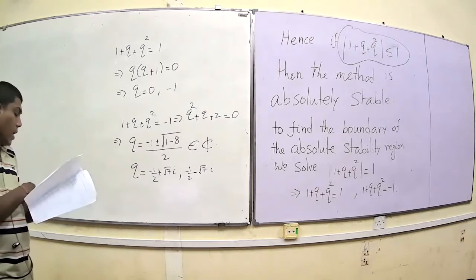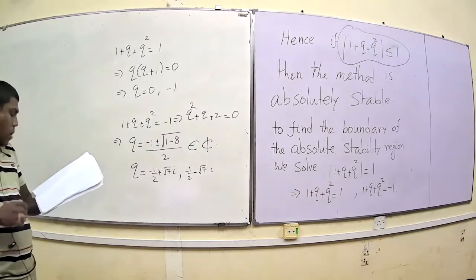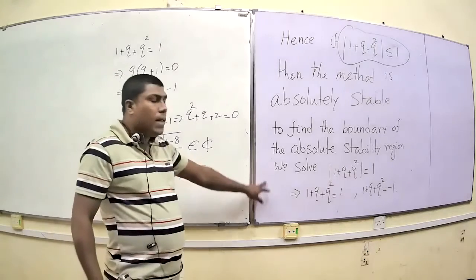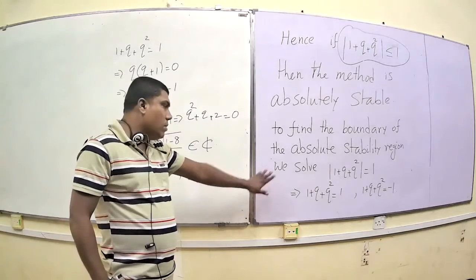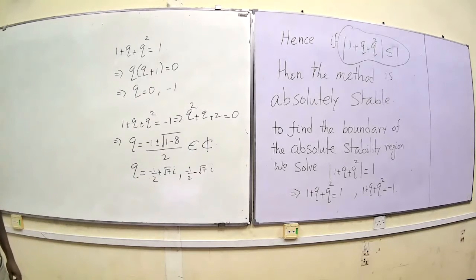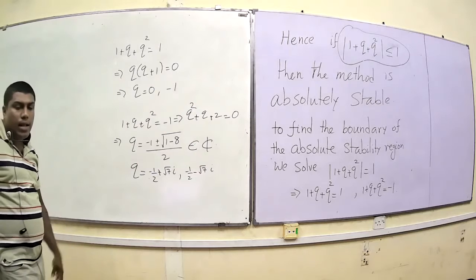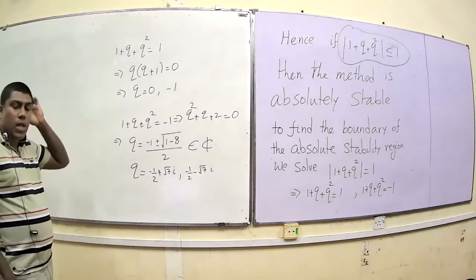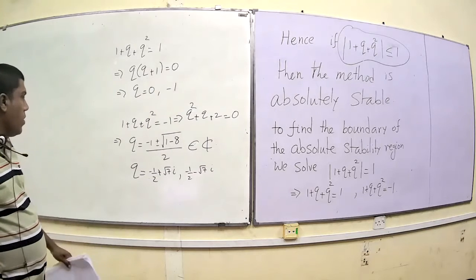There is another way of getting the boundary. Here I just do the regular mathematical calculation, just solving an absolute value equation and getting the roots, because it is easy. Sometimes you may use the boundary locus method also.